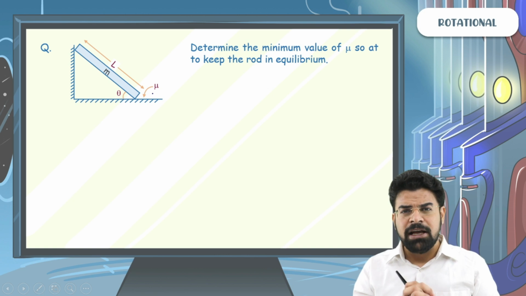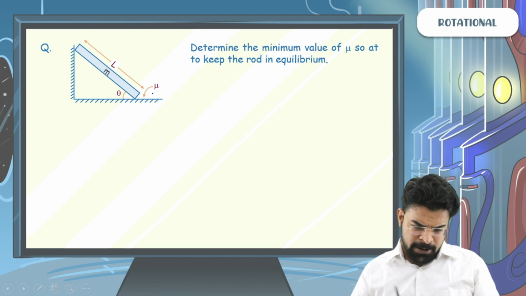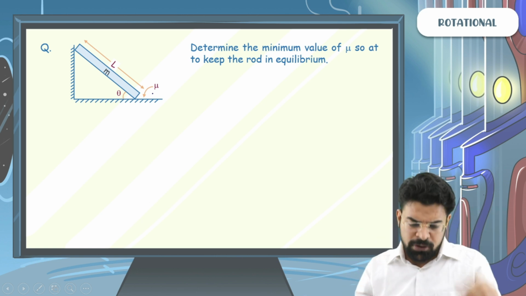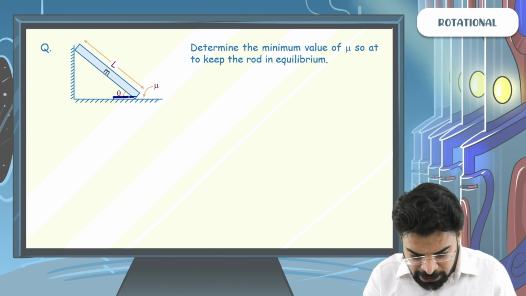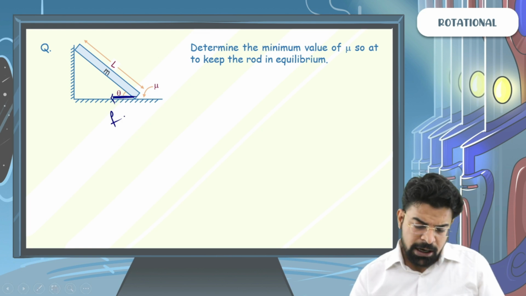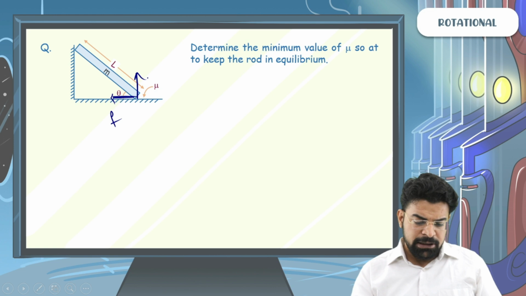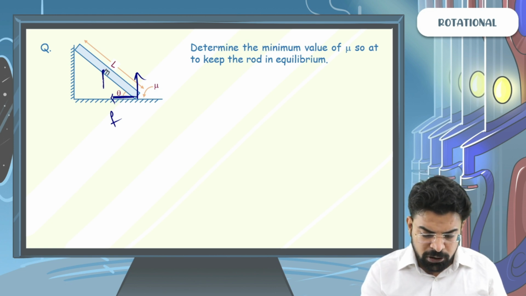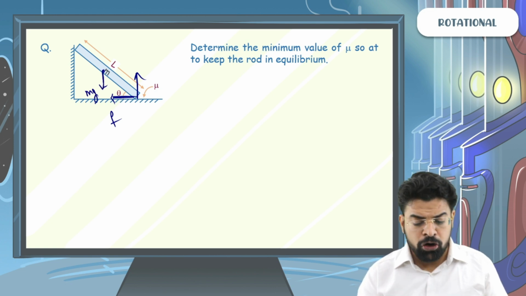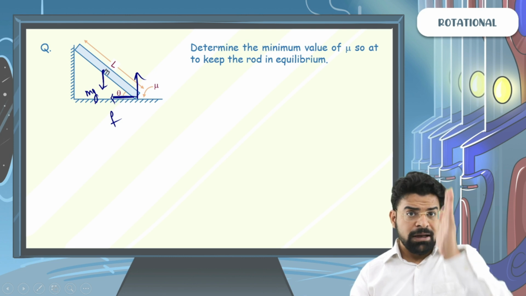So let's visualize which things are applying force on this rod. Since the rod is not slipping down, a force of friction must be acting on the rod. And the ground must also be applying a normal force. And there is the weight of the rod, which can be assumed to act at the center of mass. The wall is frictionless.